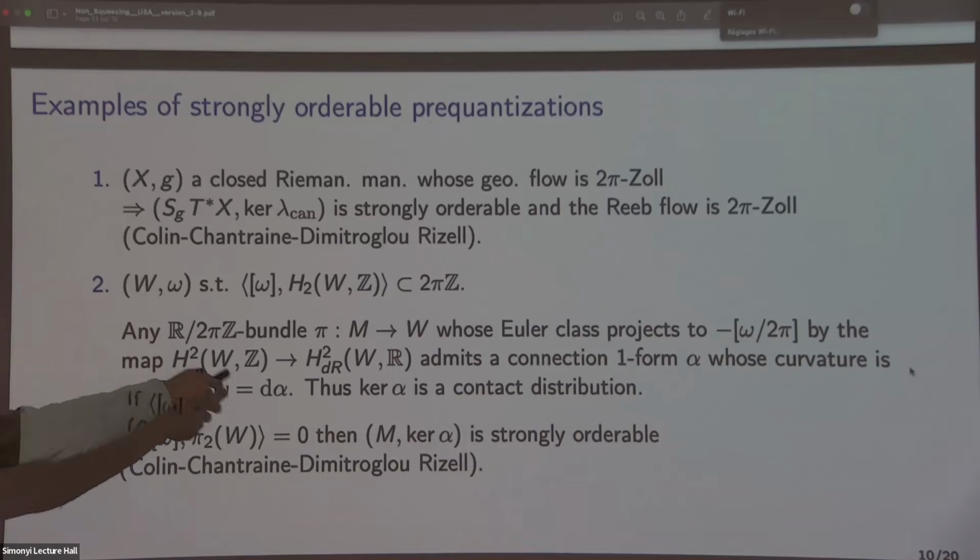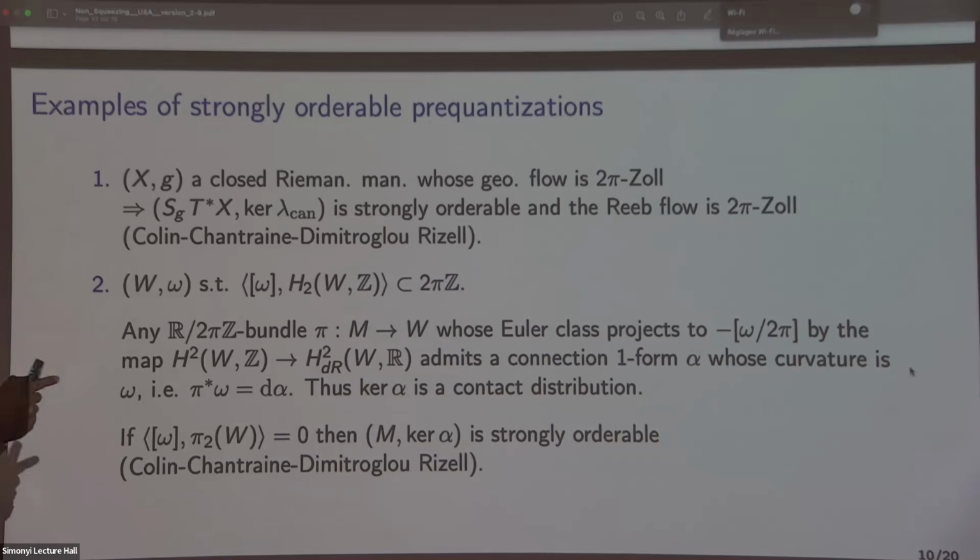It was an S1 principal bundle M over W that admits a connection 1-form alpha whose kernel is a contact distribution. Oh, okay. Yes, I think any prequantization, as I said, has to be of this form. Right, because if the kernel is a contact distribution, then the curvature has to be non-trivial. So it's symplectic. Okay.